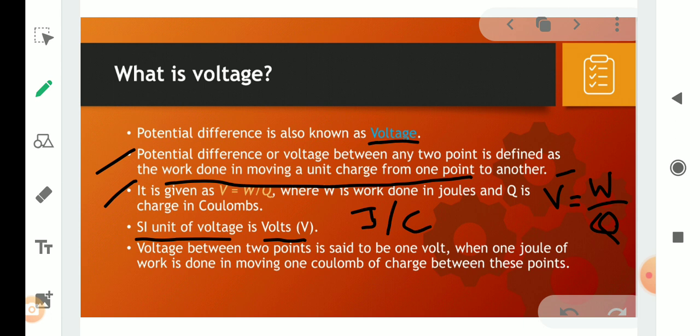Okay, voltage between 2 points is said to be 1 volt. Now, the definition of 1 volt. I'll just add 1 before joule and 1 before coulomb.